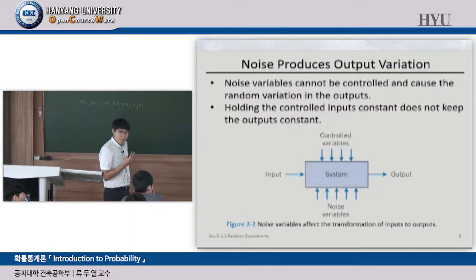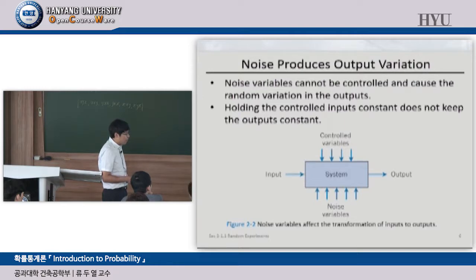And there are two kinds of variables regarding the system. The first one is the controlled variables, and we can simply predict and presume what the values of these controlled variables are. But there are always unknown noise variables in the system as well.